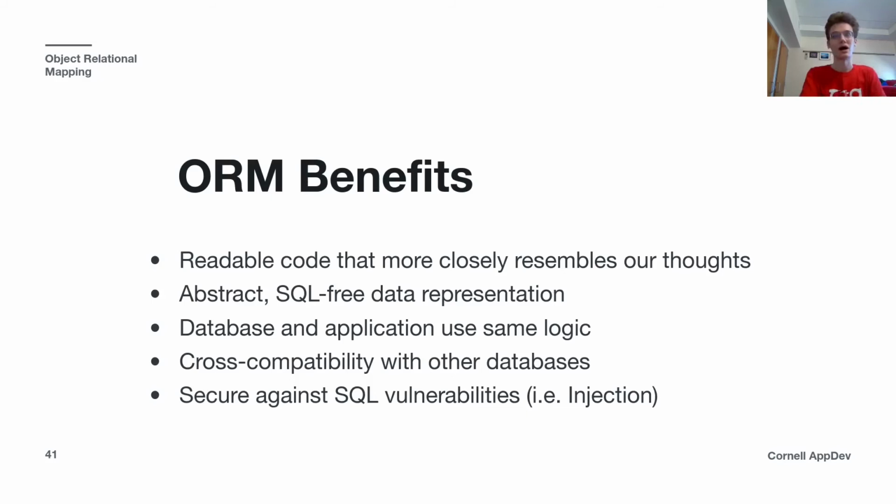So obviously, when we're working directly with classes, and that's automatically being translated into SQL, it just makes it a lot simpler to reason about, easier to read. Instead of constructing some big long string, we just do some basic operations on the object we've defined, and it more closely resembles what we're thinking about when we're doing it. You really don't need to write any SQL. So if you don't like it, good news. You don't really need to deal with it.